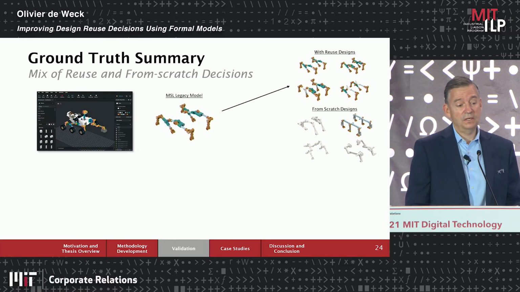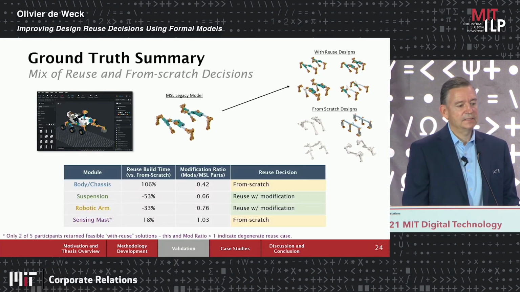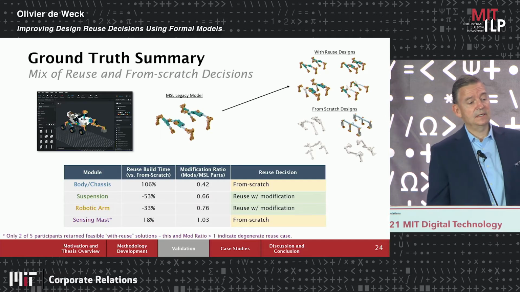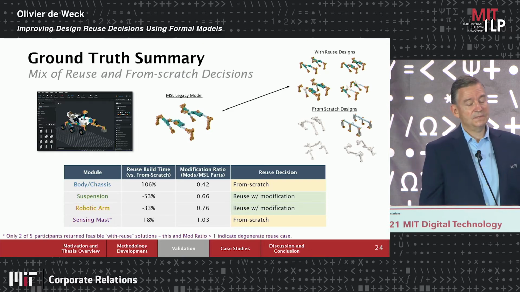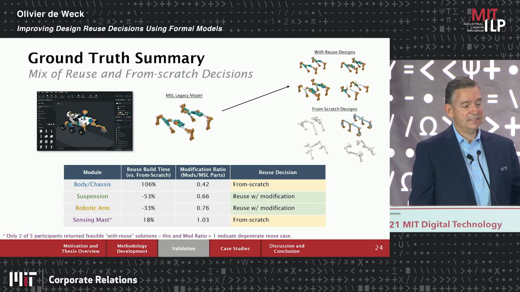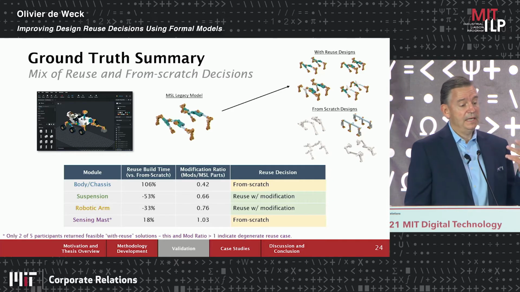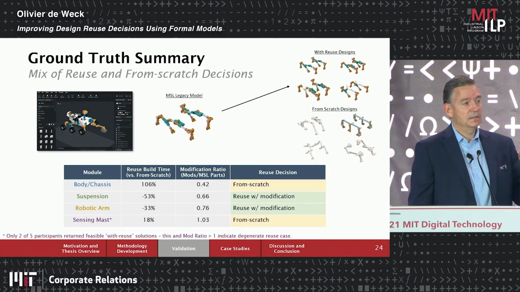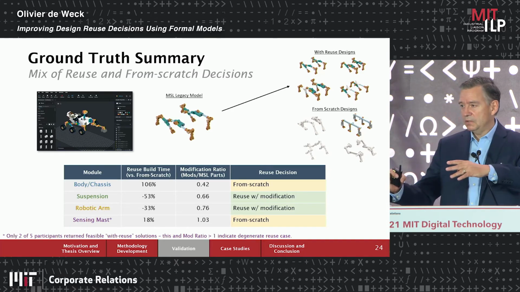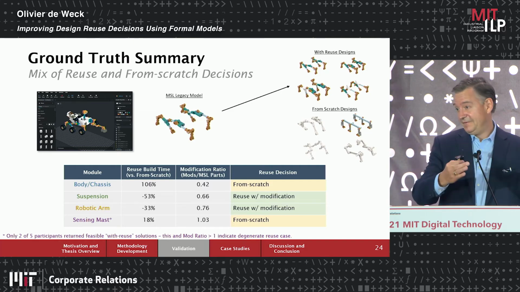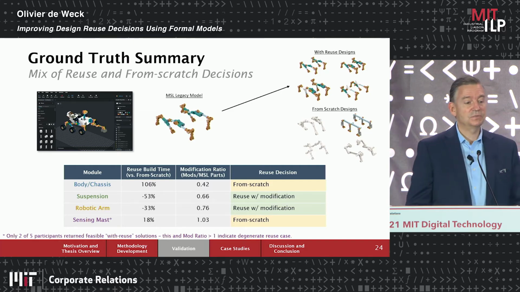So we were able to do a lot of this remotely during the pandemic, comparing reuse designs versus from-scratch designs, and then getting our statistics about these 4 subsystems of the rover, the body and chassis, the suspension, the robotic arm, and the sensing mask, and having a truth model versus what people that did have this environment to help them make the decision would decide.